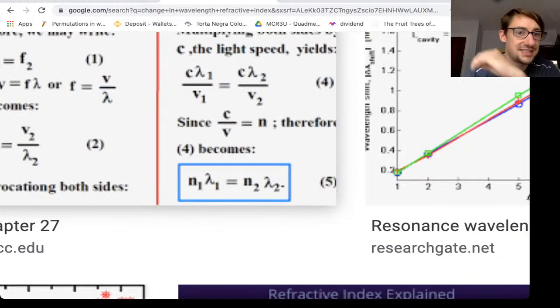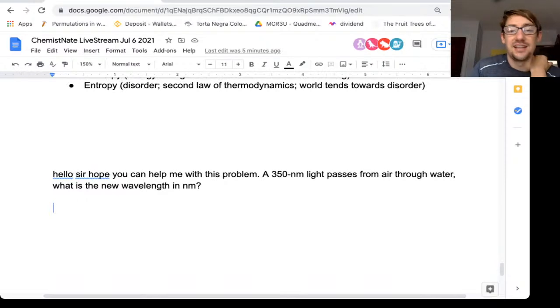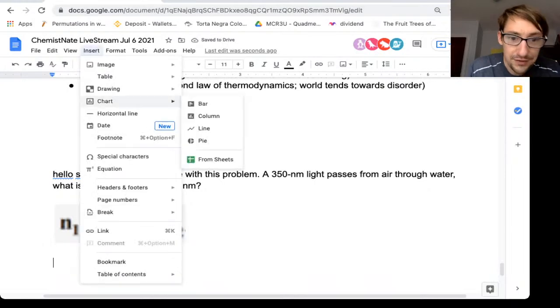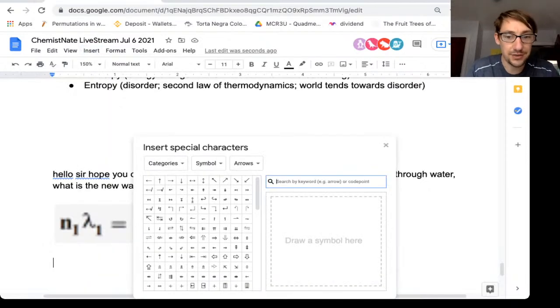Okay, so someone asked about how the wavelength of light changes when you go from one chemical into another. Honestly, I consider this physics, not chemistry, but I figured it was going to be fast. What we're being told here is that the initial wavelength, or lambda 1, in air is 350 nanometers.